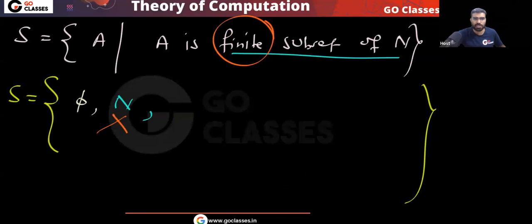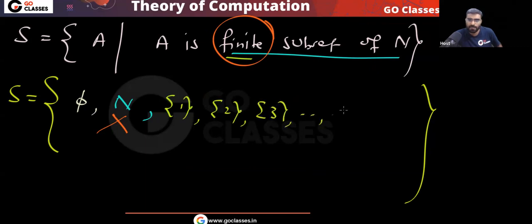Did you understand the question? A is a finite subset of N. For example, do you have this? Yes. Do you have this element? Yes, very good. Do you have the set of prime numbers? No, that is not finite.